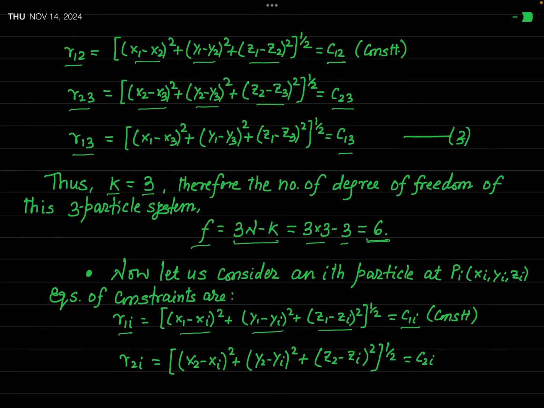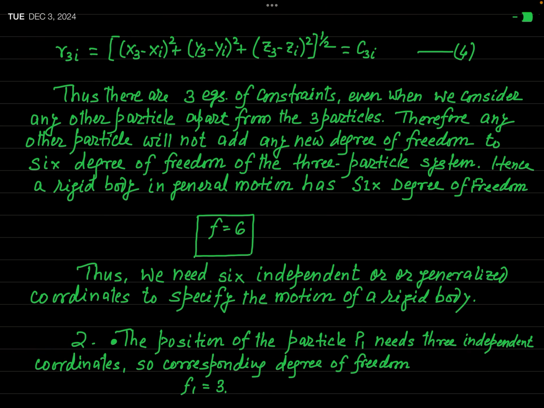Similarly, R2i will be equal to this much, which is also a constant C2i, and similarly R3i is equal to this much, which is also equal to a constant C3i.